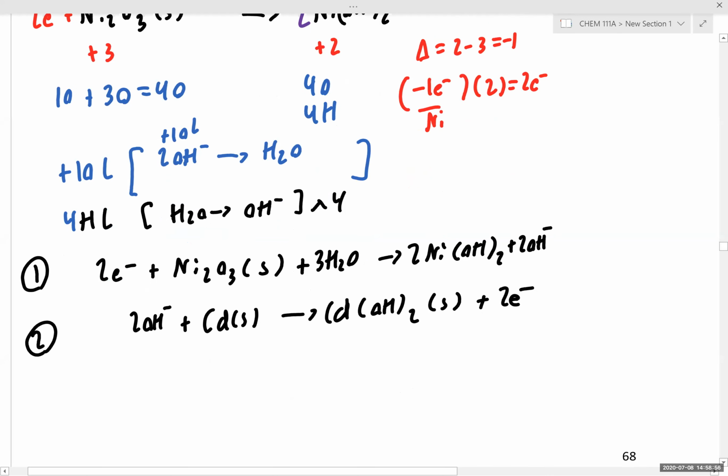So now that we have our 2 equations established, our 2 half reactions, do we need to do anything to these half reactions to add them together? No, everything looks good.